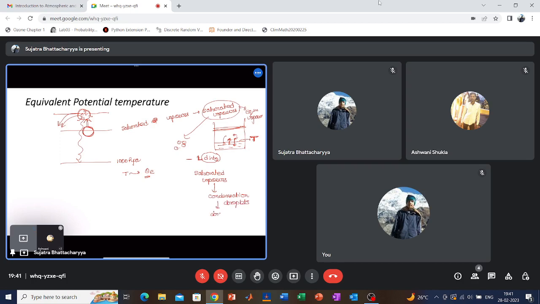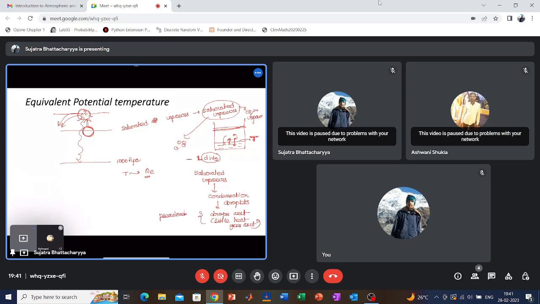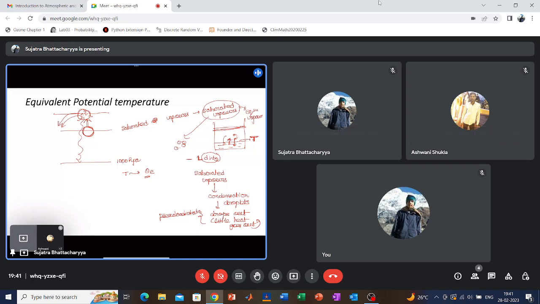A little heat goes out, and that's why it is a pseudo adiabatic process. Now, in that pseudo adiabatic process, theta E remains constant.